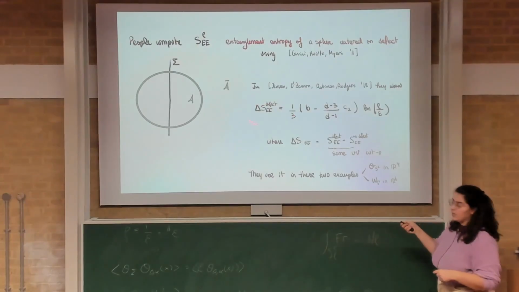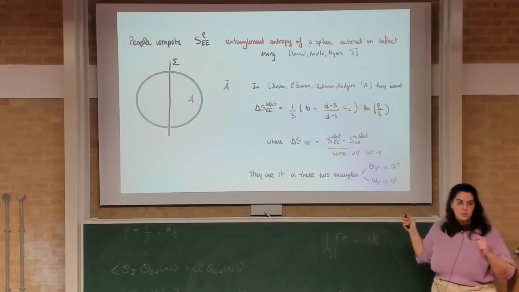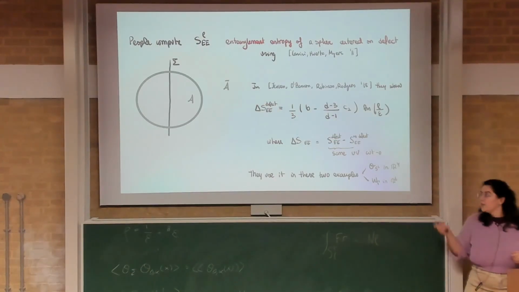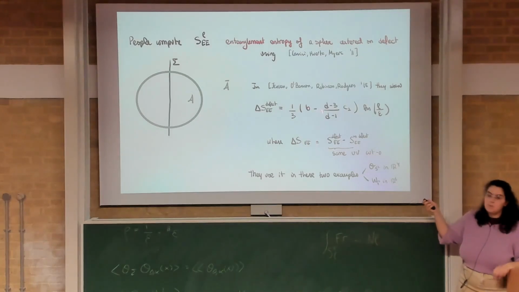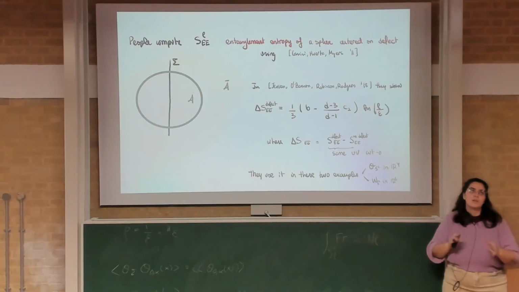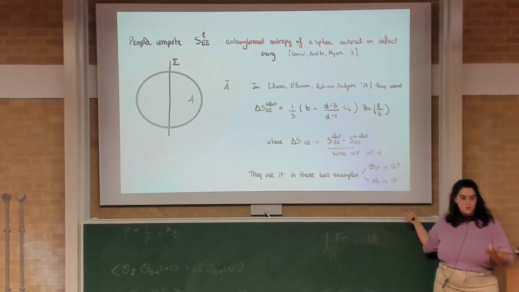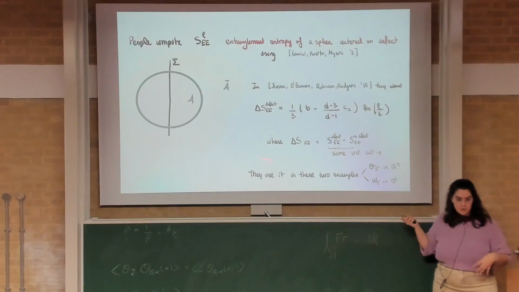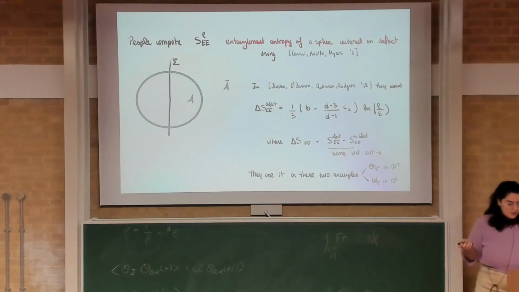In order to reproduce this, you need to use this cutoff. So indeed, this was the way that people conjectured B holographically before there were exact results from the field theory.